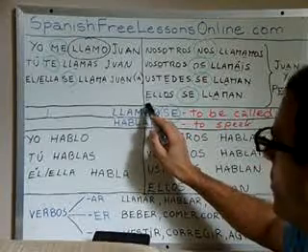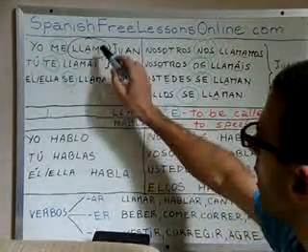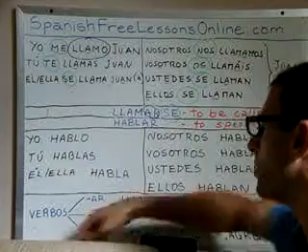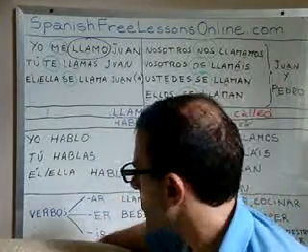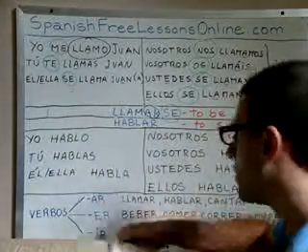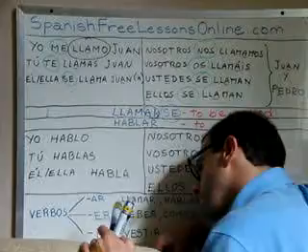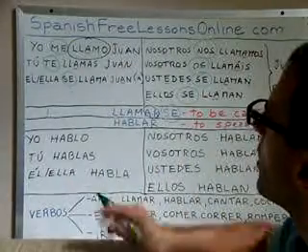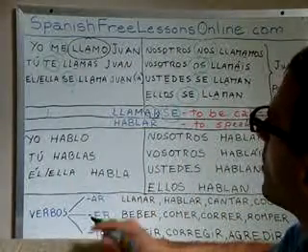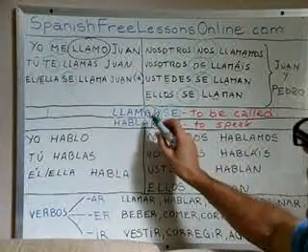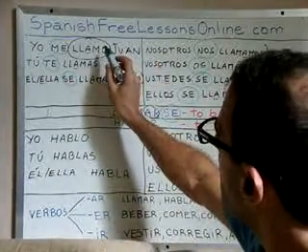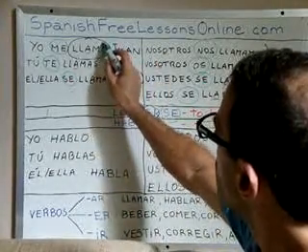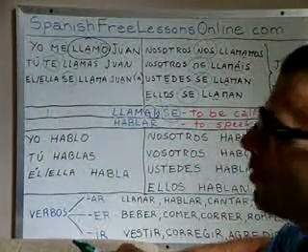You just strip out the ending ar and you add the, oops, there's a pen here. Oh, I lost the pen. Here's the pen. Let's use green. You see, we strip off ar and we add o for first person, right?